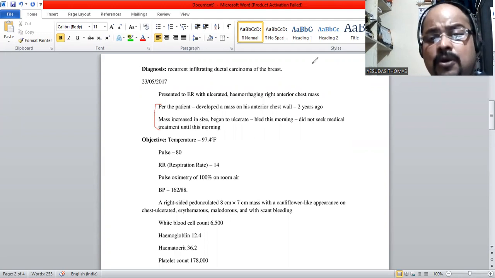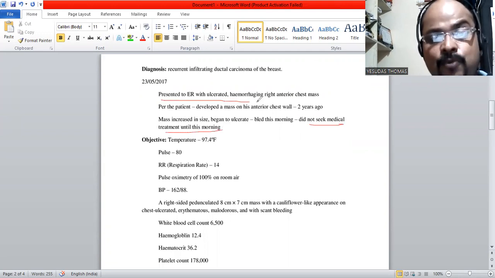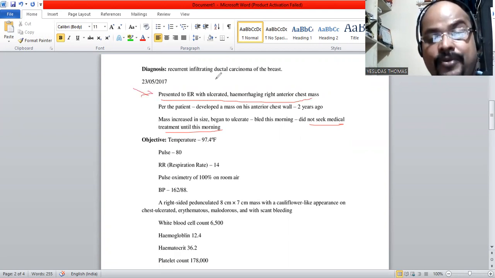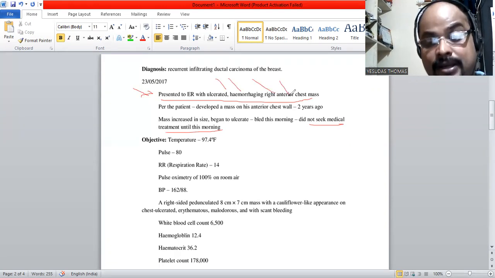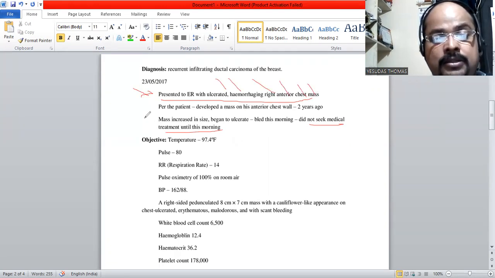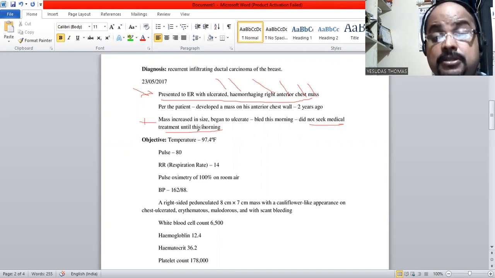If you want, you can say he did not seek medical treatment until this morning. Yes, this is the main thing: ulcerated hemorrhagic right anterior chest mass. And this is optional: did not seek medical treatment until this morning.